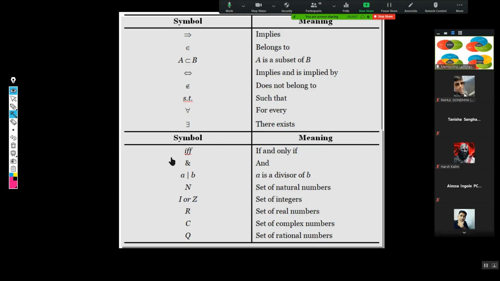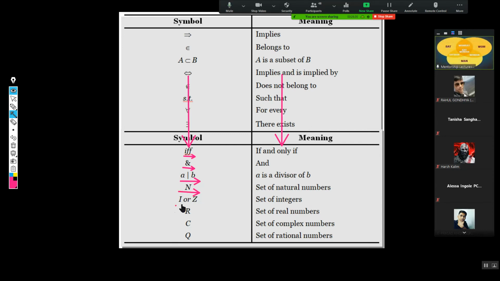If and only if is nothing but this one only. Both are the same: implies and implied by. So if this word is used, you have to understand it is if and only if. This is A is a divisor of B.